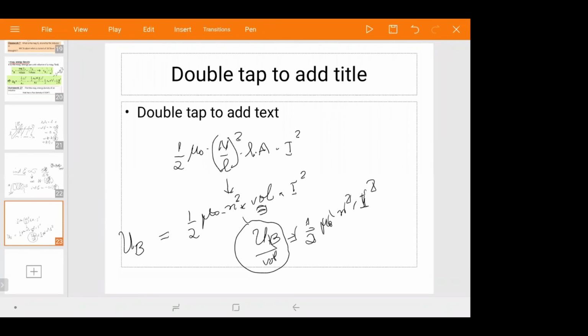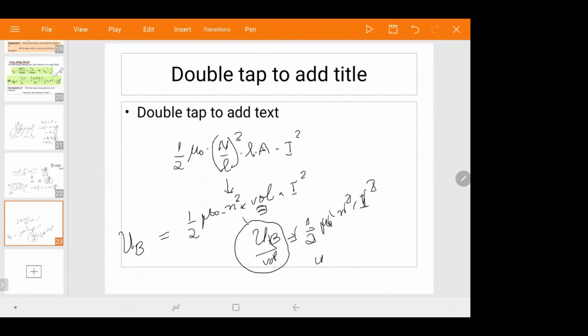But the bad thing is the symbol we use for magnetic energy density is again U, but this time small letter u. Capital letter N, number of turns; small letter n, turn density; capital letter U, magnetic potential energy; small letter u, magnetic potential energy density.